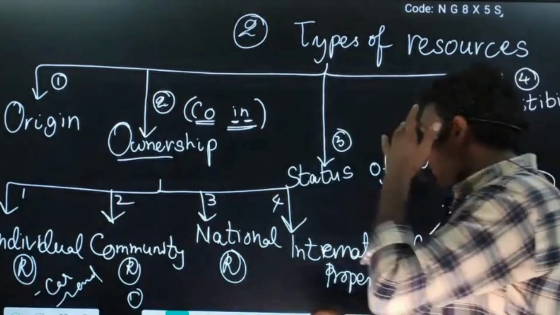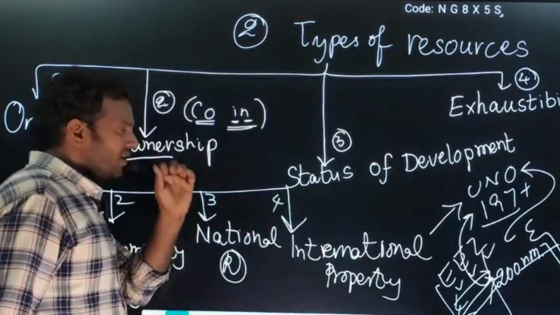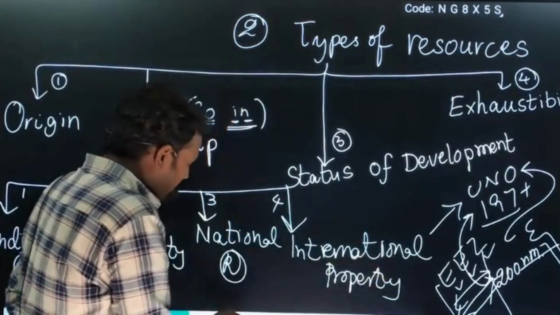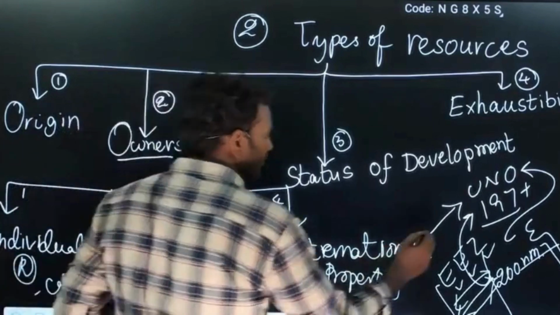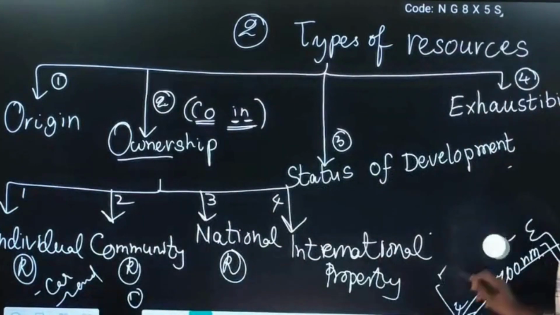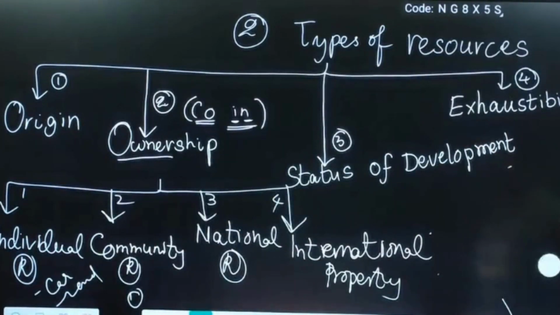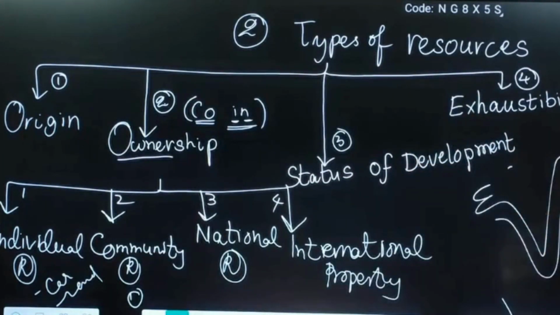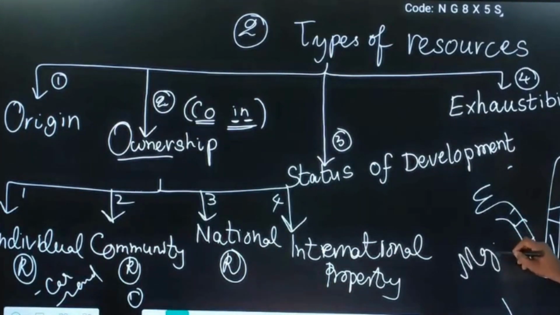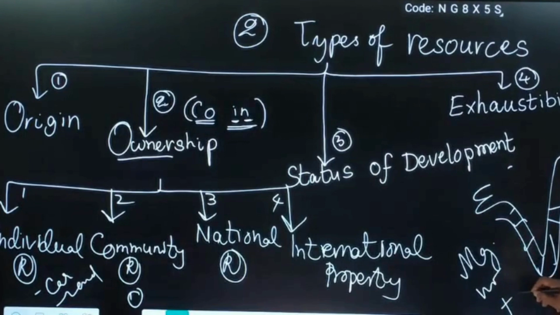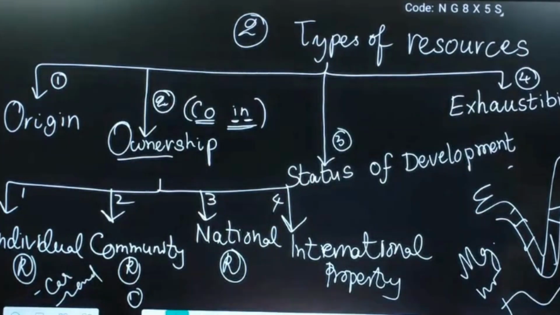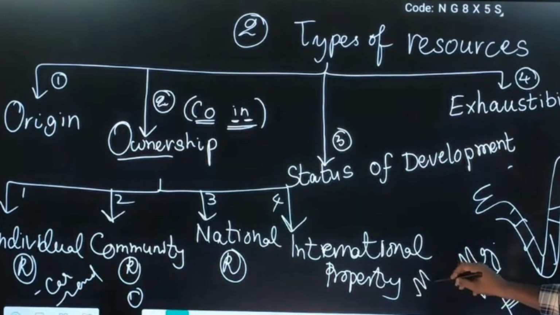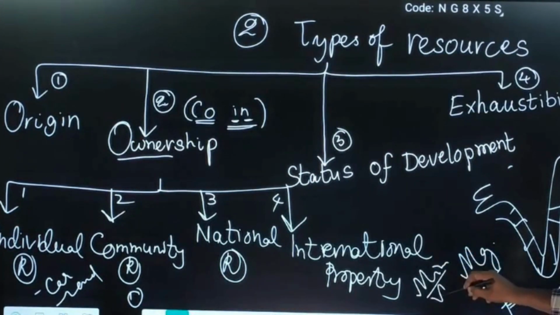But the main point is, I already gave one beautiful example. India has already taken permission to extract manganese nodules from the Indian Ocean. Manganese is also a mineral resource. It is a very valuable mineral resource.